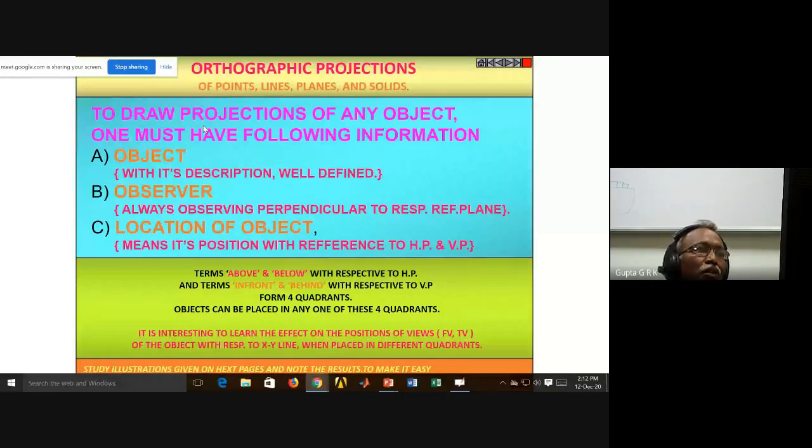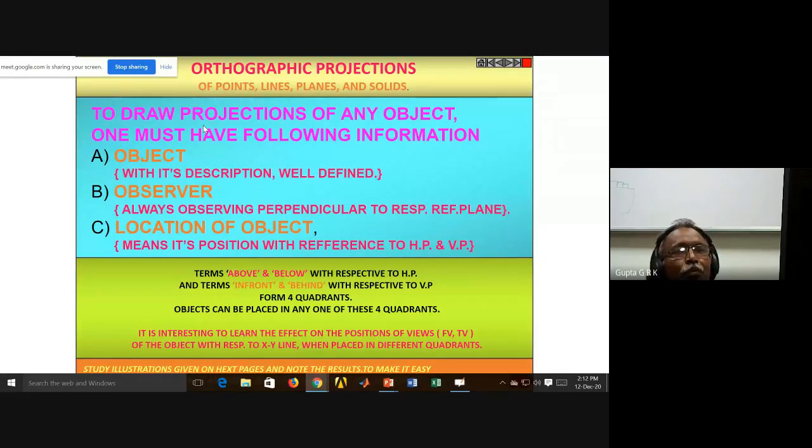Okay, now we will go to the projections of points. To draw projections of any object, one must have the following information. We have to know the object with its description well defined, and we have to have the observer always observing perpendicular to the respective reference plane, and we have to know the location of the object, means its position with respect to HP and VP.